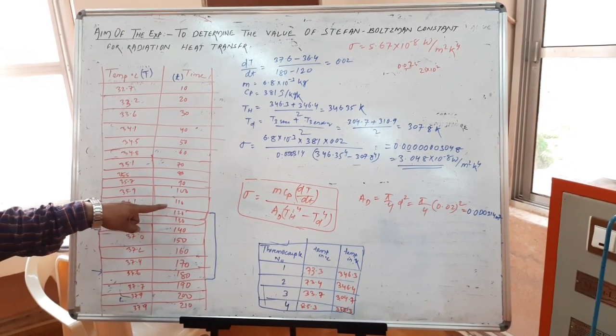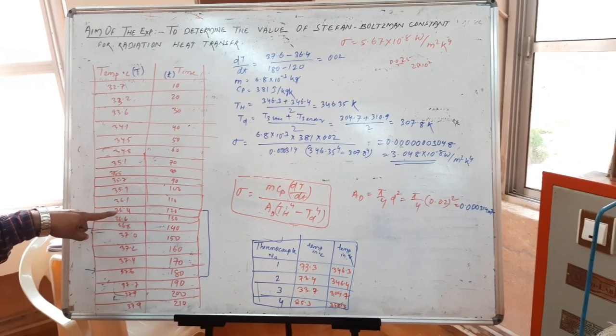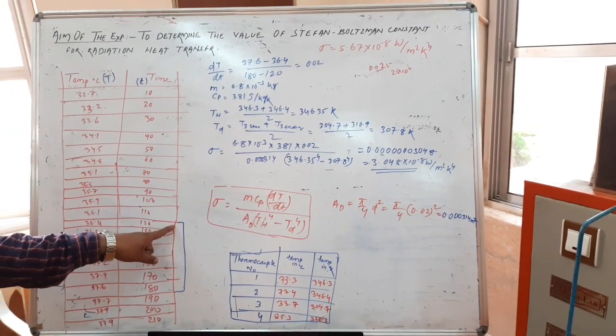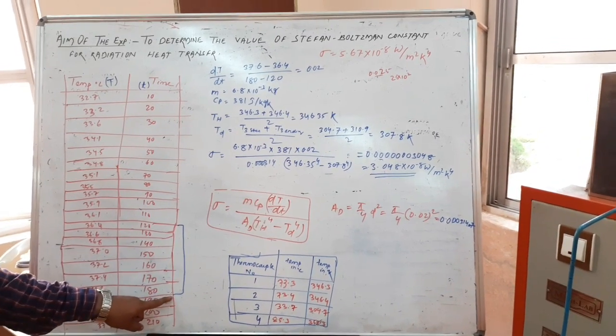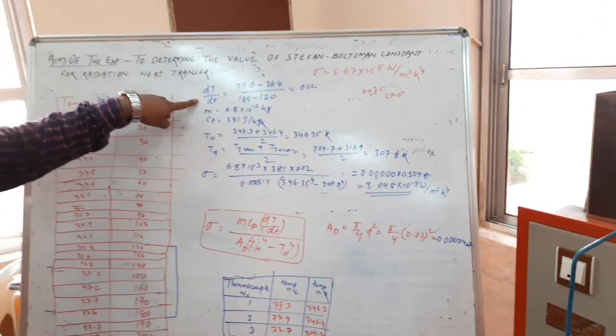That means each time interval of 10 seconds the value increases by 0.2. So this region from 120 seconds to 180 seconds will be taken to find the dT by dt, or slope of the curve.